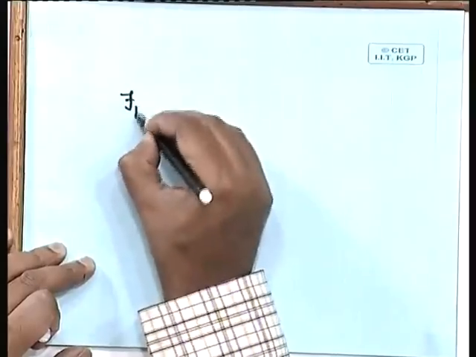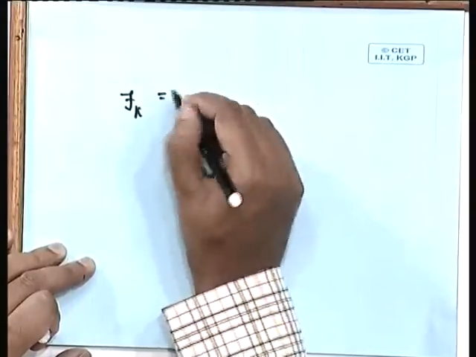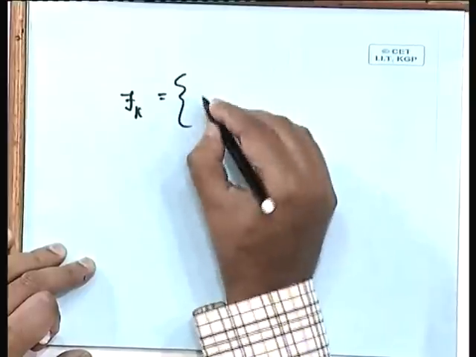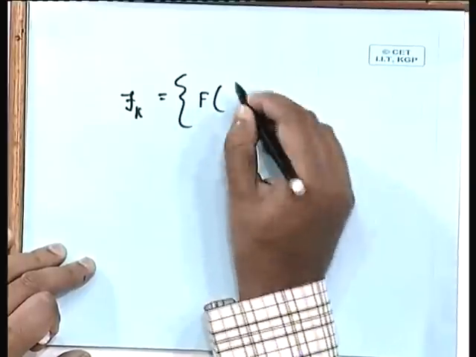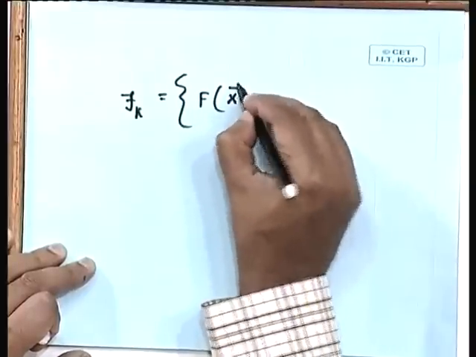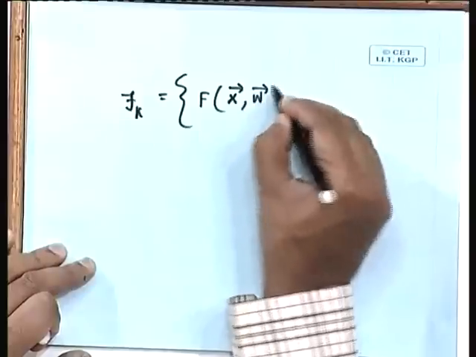So, I am going to just represent this nested class of classifiers as a set Fk, where this set will be defined as the set of f(x vector, w vector).